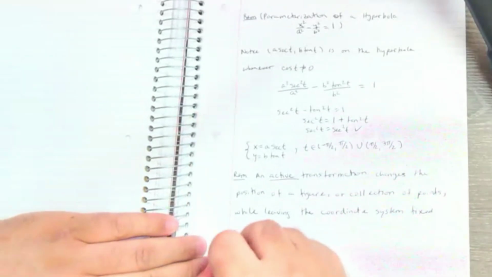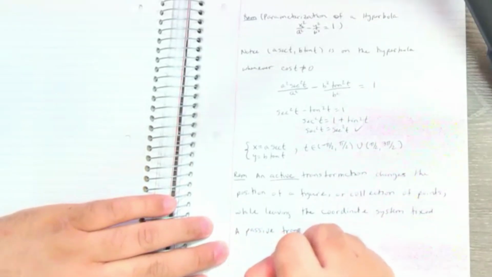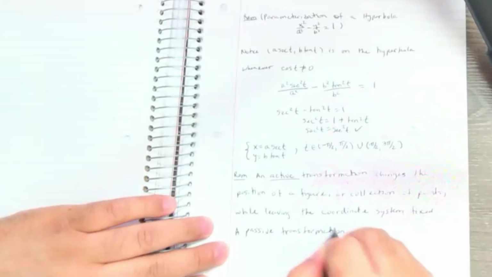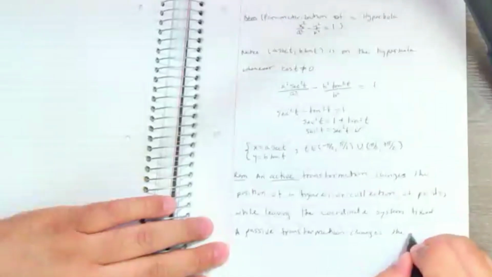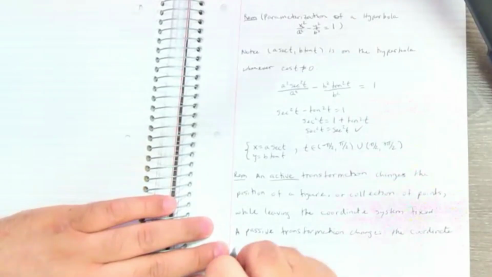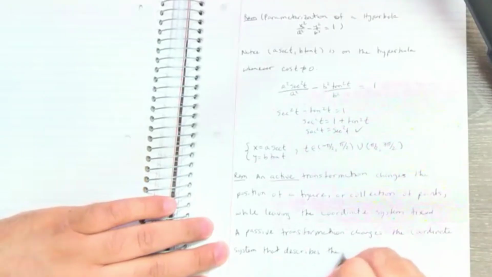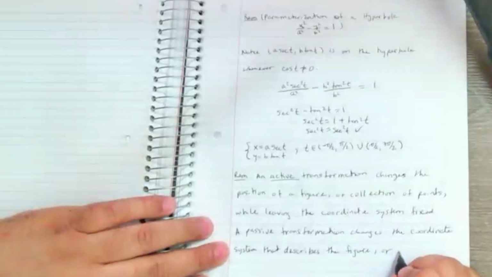A passive transformation changes the coordinate system that describes the figure or collection of points.